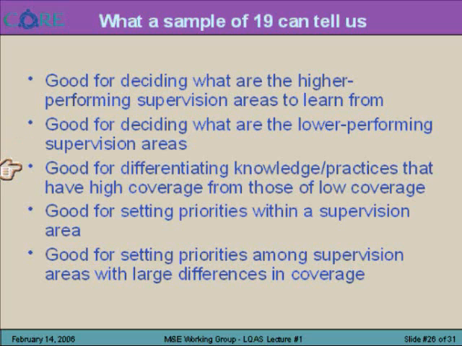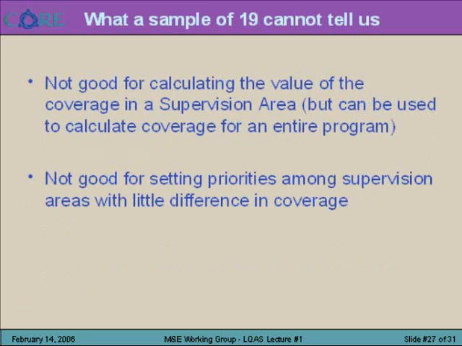A sample of 19 is also good for differentiating knowledge and practices that have high coverage from those of low coverage. And it's also good for setting priorities within a supervision area. And finally, it's also good for setting priorities among supervision areas with large differences in coverage.